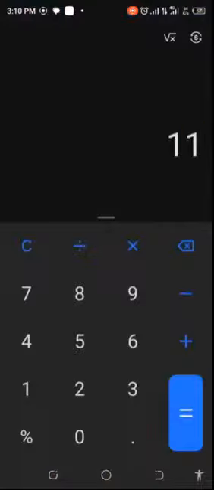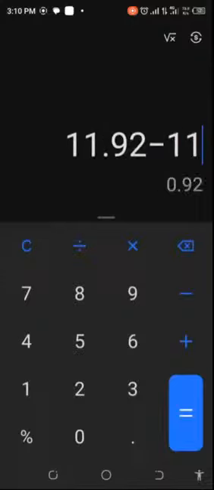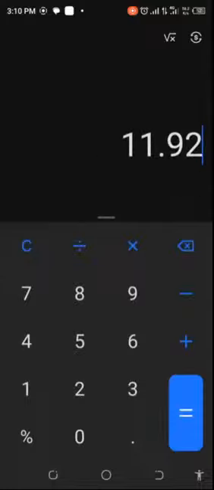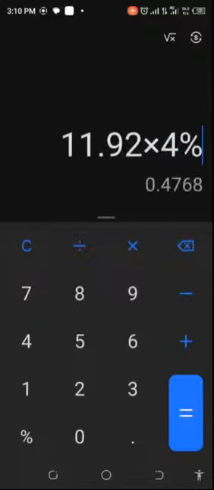That's 11.92, and we had minus 11.47. Okay, about 45 cents. What would we call this now? I think that's about 4%. So we're just in that range. We're kind of good. That's exactly what we have now.